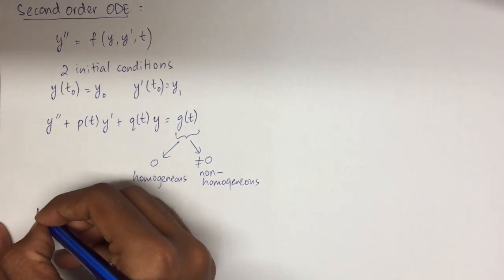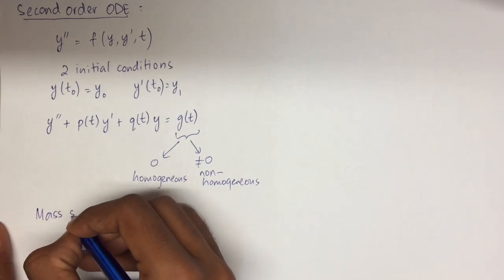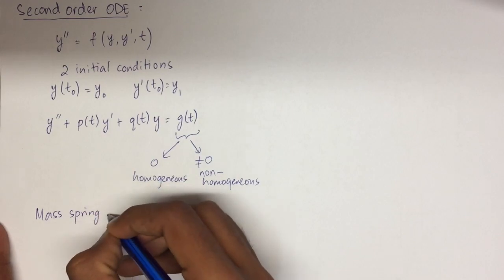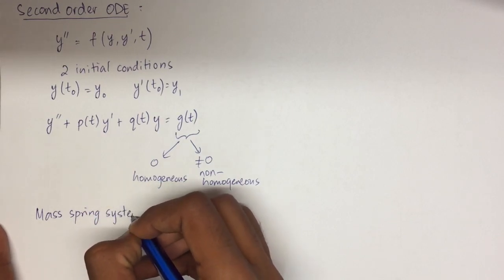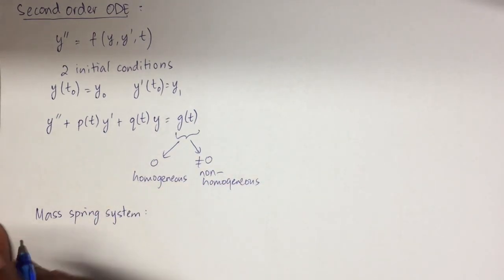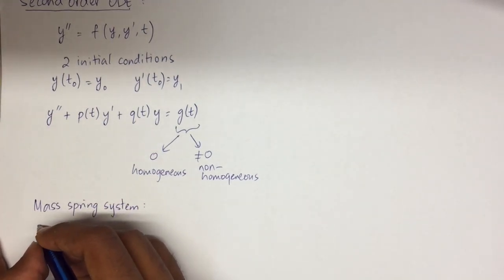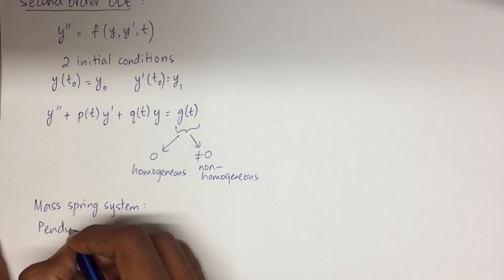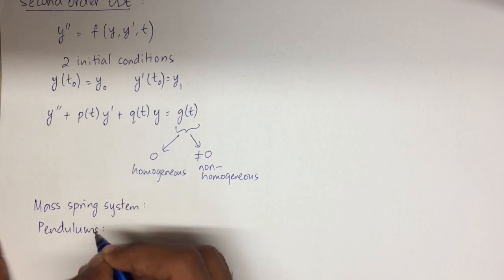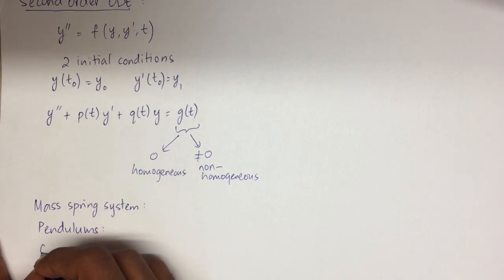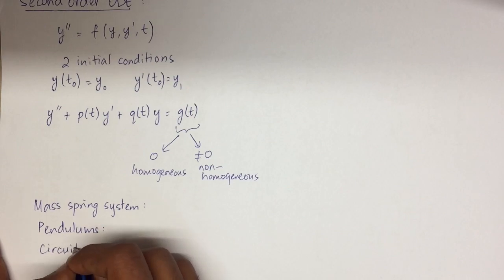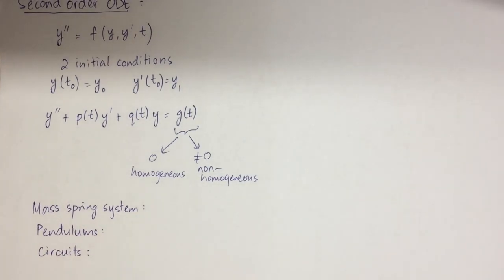So we'll be looking at the mass spring system over here, which is going to be the primary focus, but we are also going to focus on simple pendulums, and also a little bit of circuits. In the next video, I'll be giving you the general equations that govern these systems.